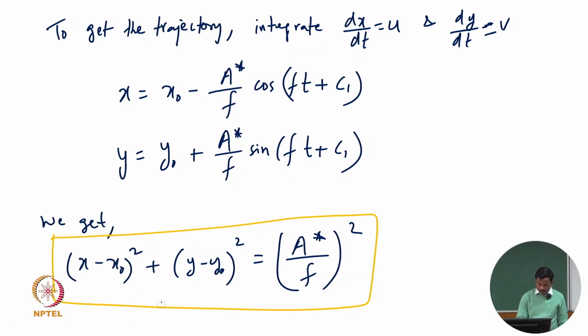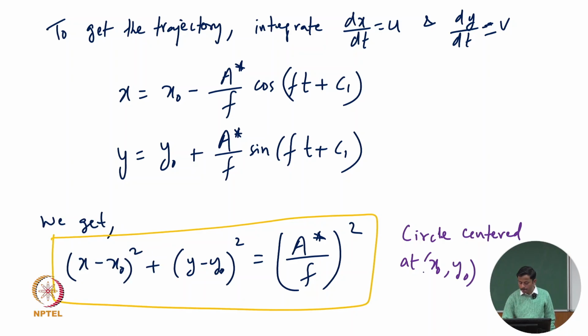If you recall, this is the trajectory of a circle, centered at x naught comma y naught, and radius a star by f.